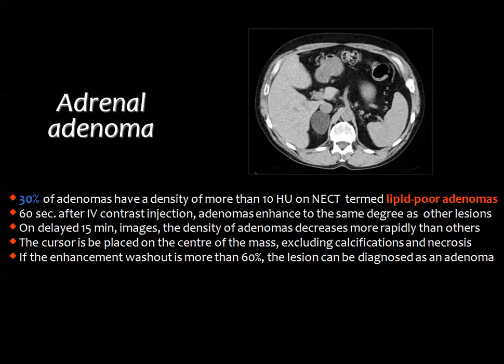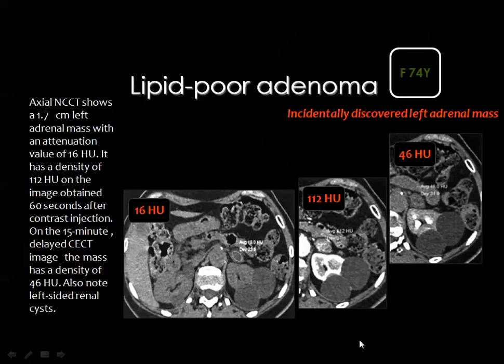But in the delayed 10-minute scan, there is washout of contrast by more than 60%, similar to the lipid-rich adenoma. Then the only difference between lipid-poor and lipid-rich adenoma lies in the pre-contrast scans, where the density is higher than 10 Hounsfield unit.